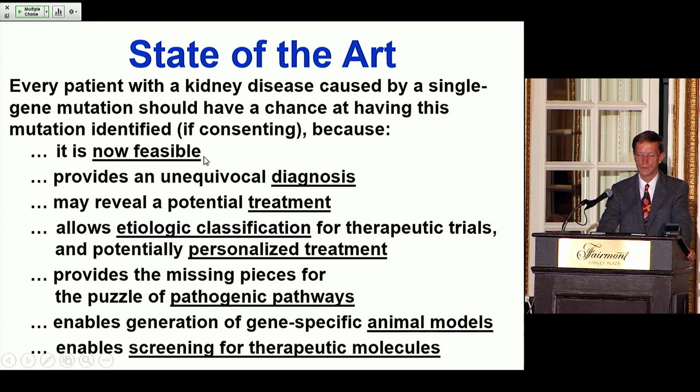Ten years ago, or even 5 years ago, it was either not feasible or too expensive. It provides the patient with an unequivocal diagnosis if the mutation is found. It may reveal, rarely though, a potential treatment, but in the case of CoQ10 related mutations, this is already the case.